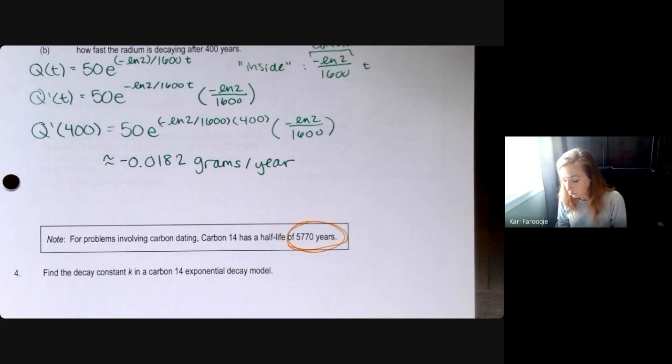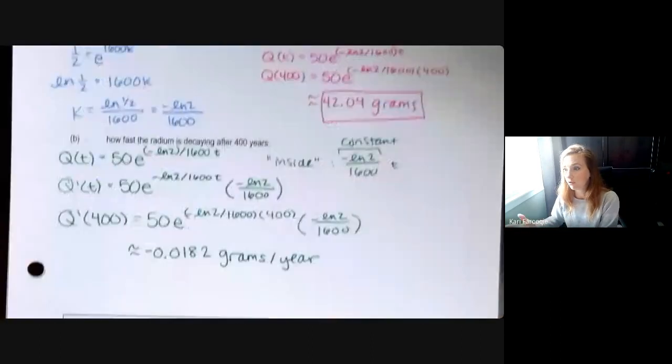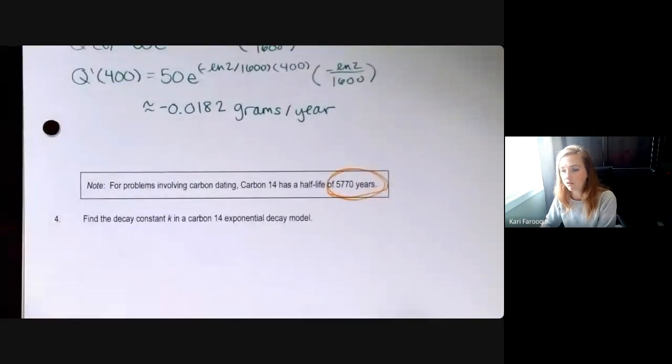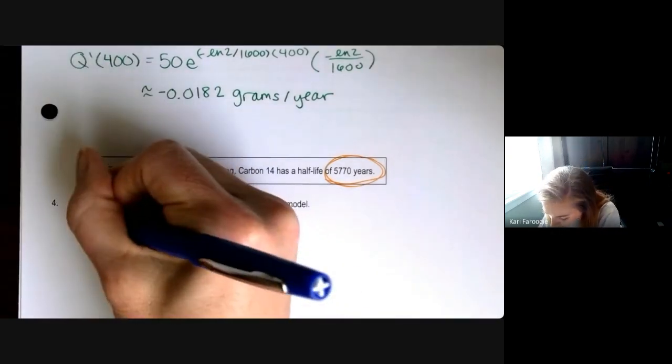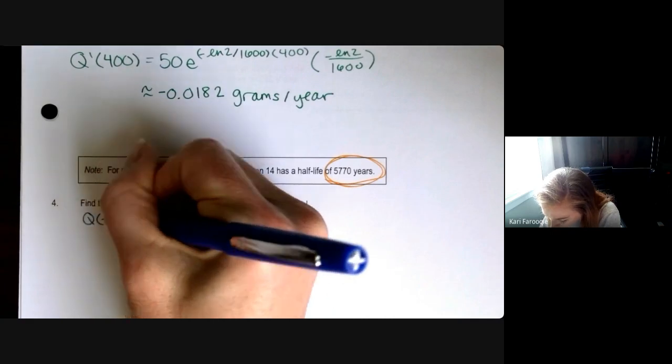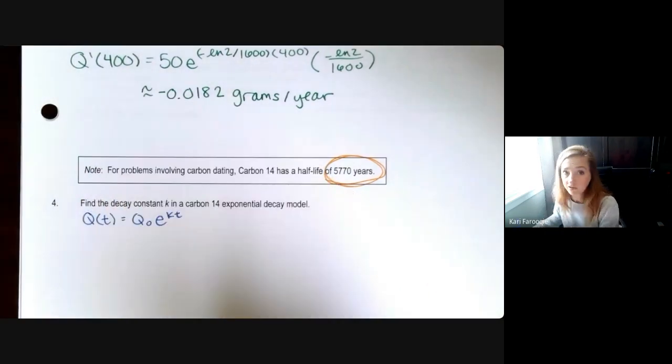But a big difference between this problem and the last one is you are not given an initial quantity. So you're given a half-life, but last time you were told like, okay, we initially have 50 grams, and now you're just like, okay, you gave me nothing but a half-life. Okay, but we can still use that. So if we know, for instance, that we have this exponential model, I know that it looks like this.